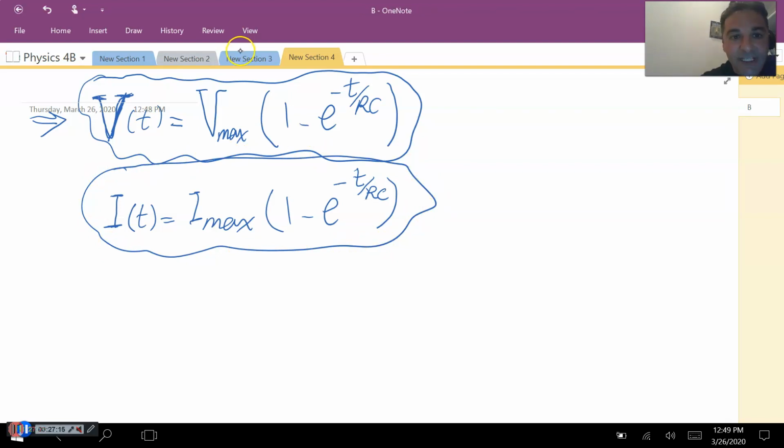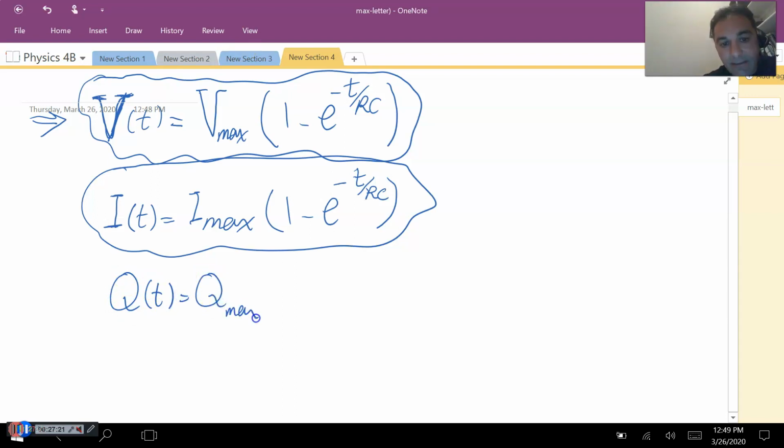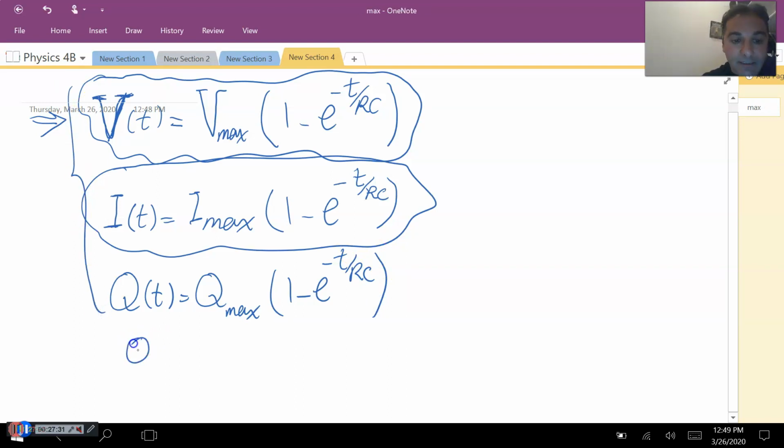So these three equations, let me write Q(t) also, is Q max, parenthesis 1 minus e to the negative t over RC. And also we have Q max is C V max. We know this, correct?